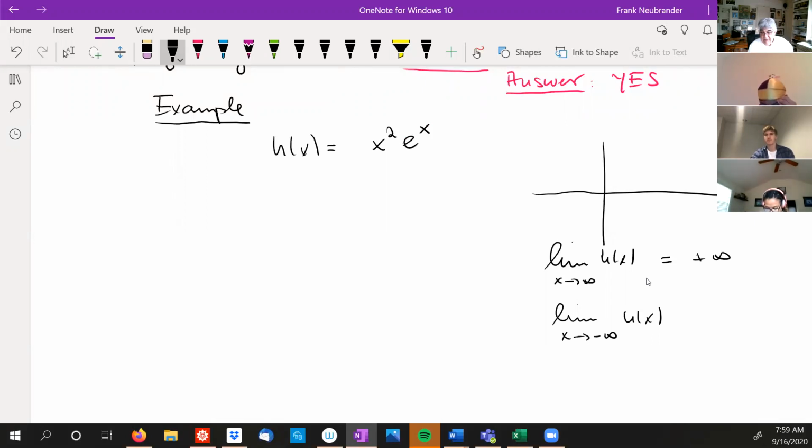So let's take x equal to minus 100. Minus 100 times minus 100 is 10,000. So minus 100 squared is 10,000 times e to the minus 100. So this is 10,000 divided by e to the 100. And e to the 100 is a huge number. So 10,000 divided by this will be 0, so this goes to 0.